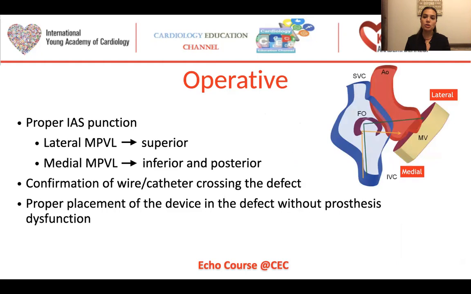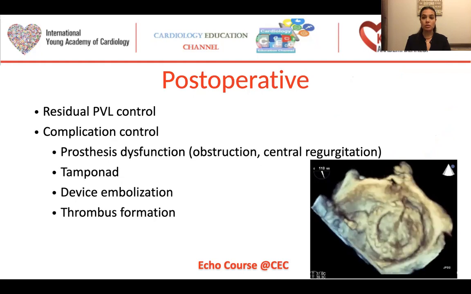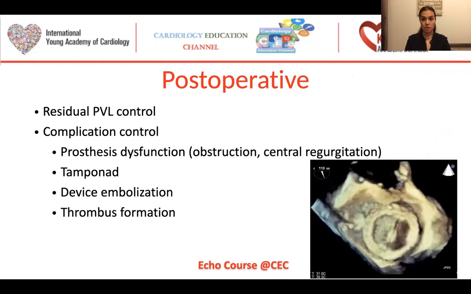During the operation, our role starts with the interatrial septum puncture, and then we should confirm that the wire or the catheter crossed the true defect. After crossing the defect, we should confirm the proper placement of the device without causing any prosthetic dysfunction. And postoperatively, we should check the residual PVLs and complications.